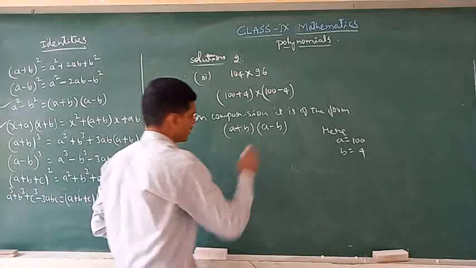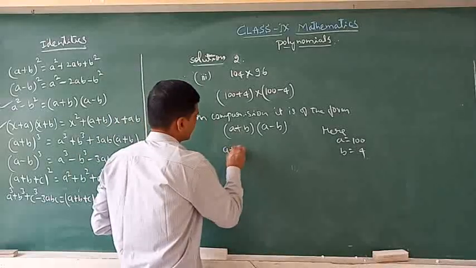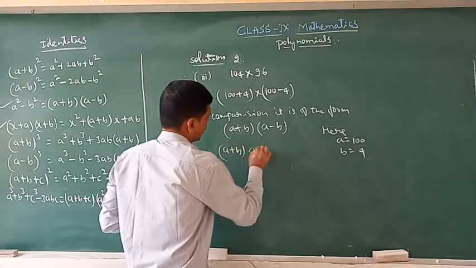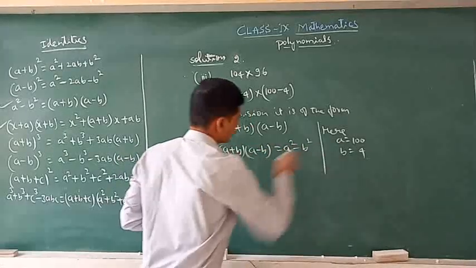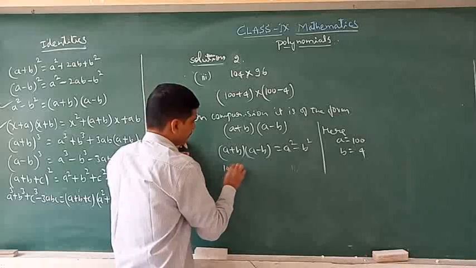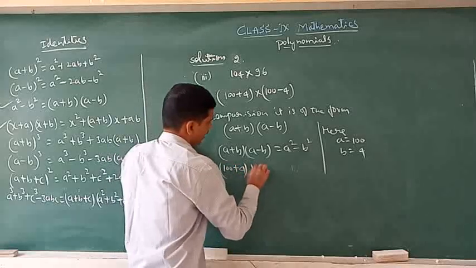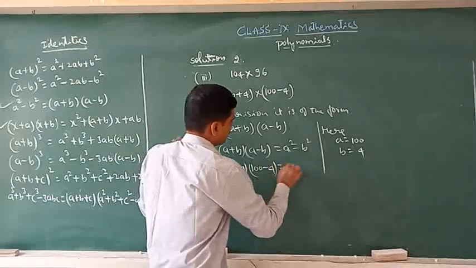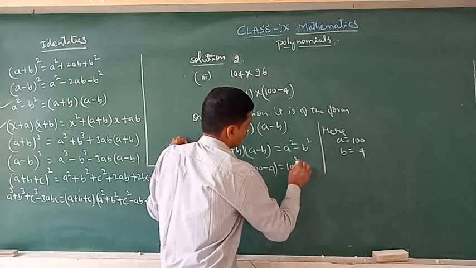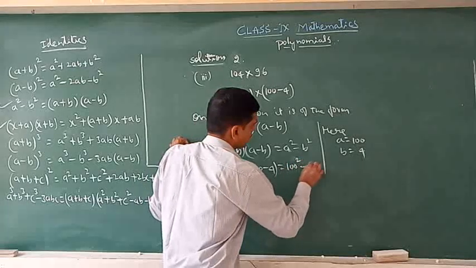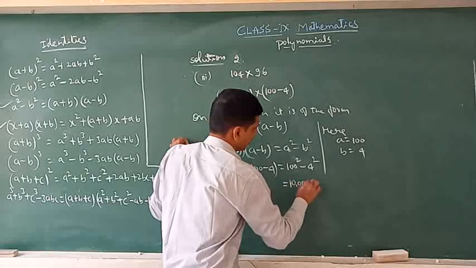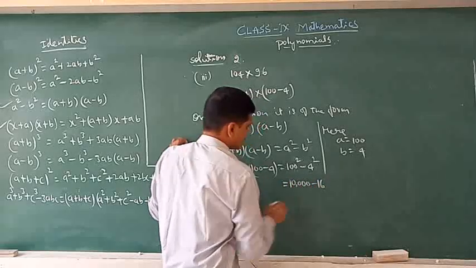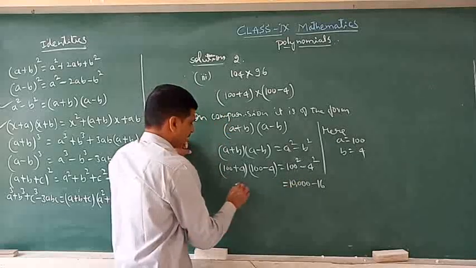So we can directly take the numbers. Write the identity first, then substitute all these values. (100 plus 4)(100 minus 4) is equal to 100 square minus 4 square, which is 10,000 minus 16, because on simplification you will get that.